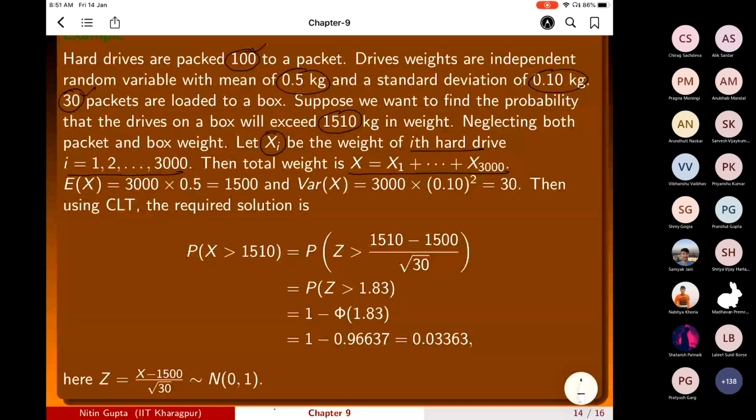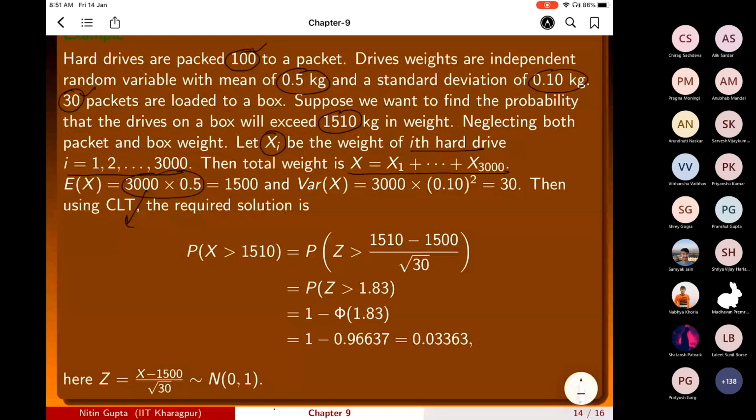Because they are basically IID, independently identically distributed, the mean will be 3000 into 0.5, because it is the summation of xi, so the mean of the first one plus the mean of the second one plus up to the mean of the 3000th.